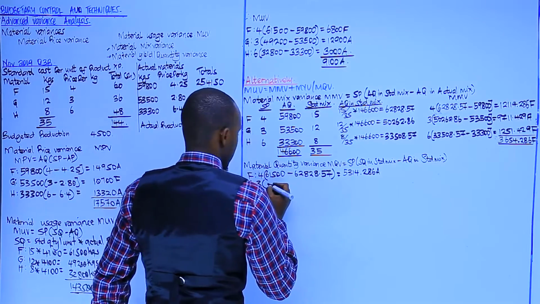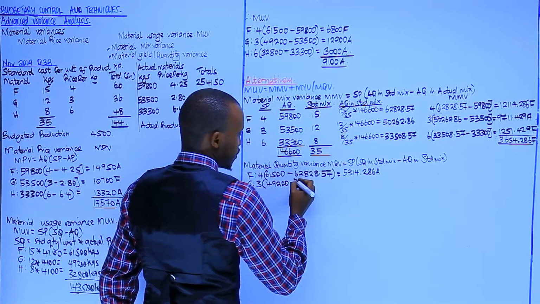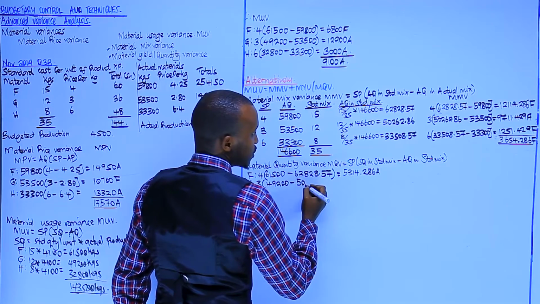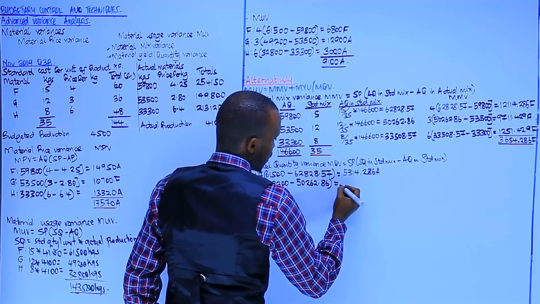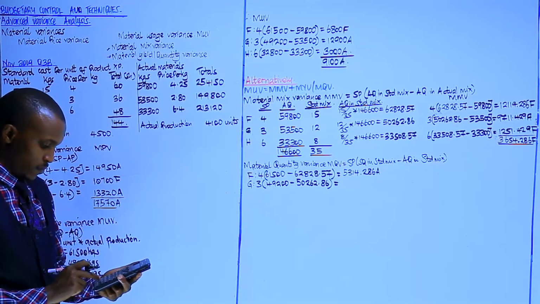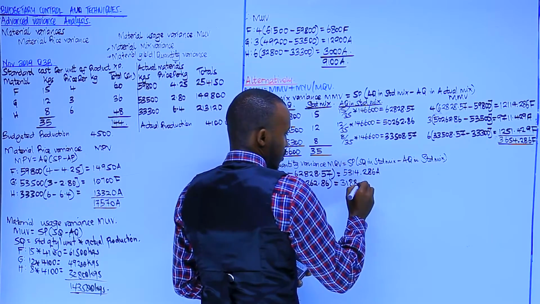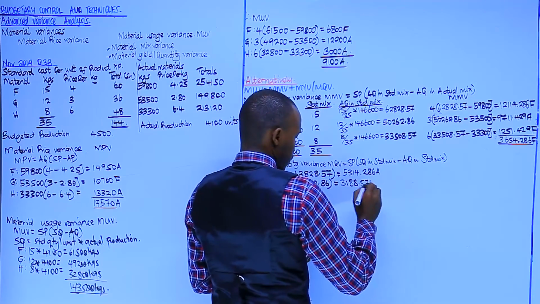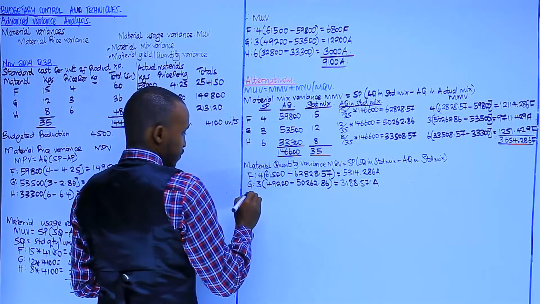Your standard quantity is 49,200 minus actual quantity in standard mix 50,262.86, 3188.571. That will also be adverse.